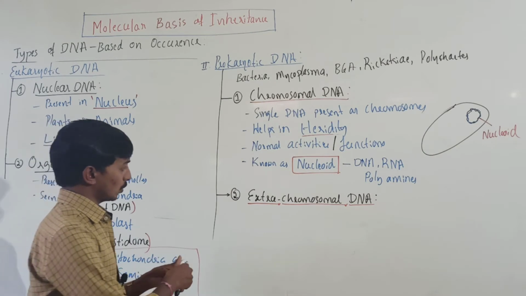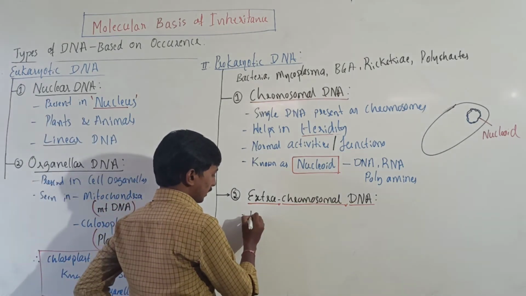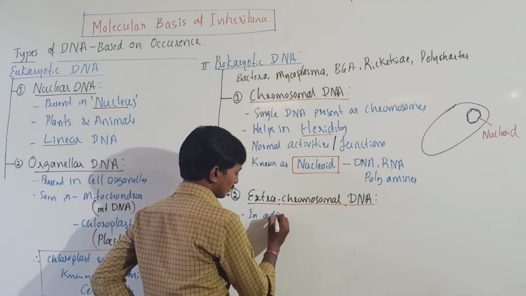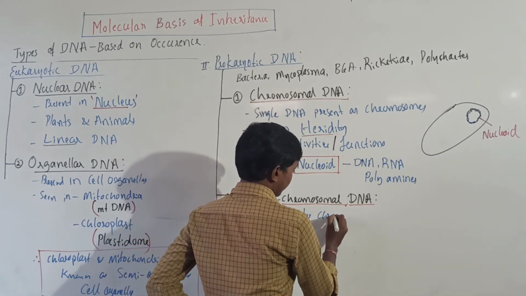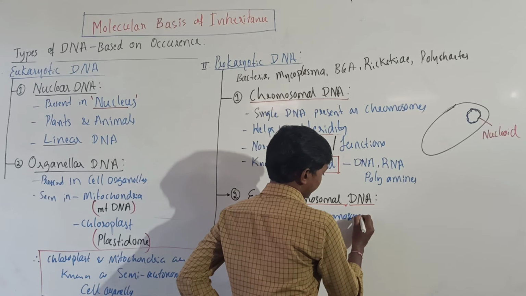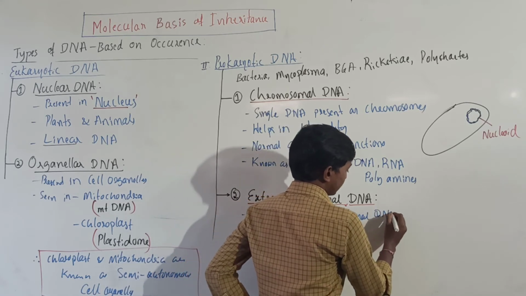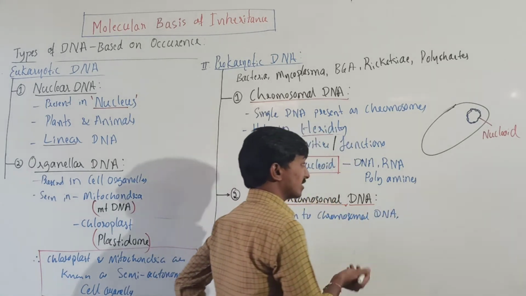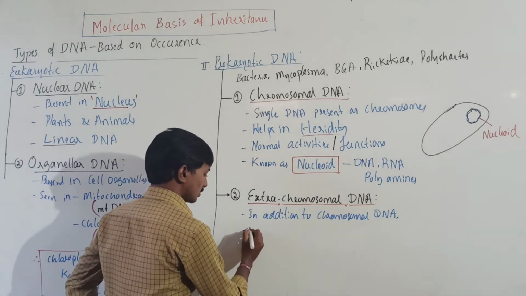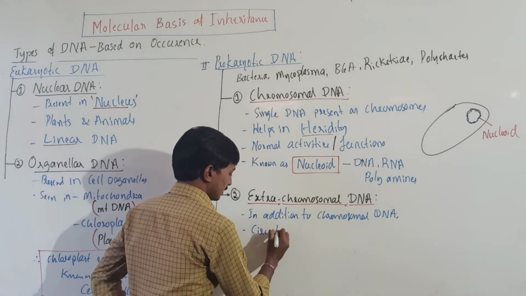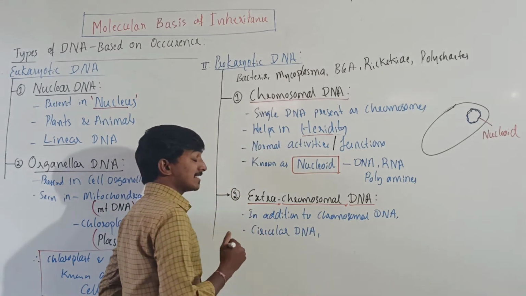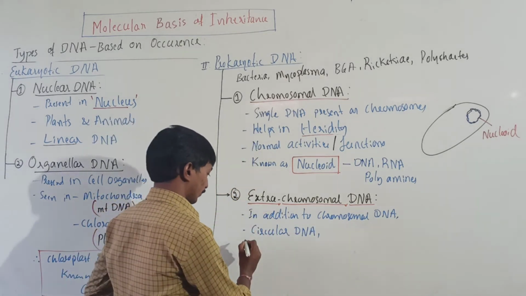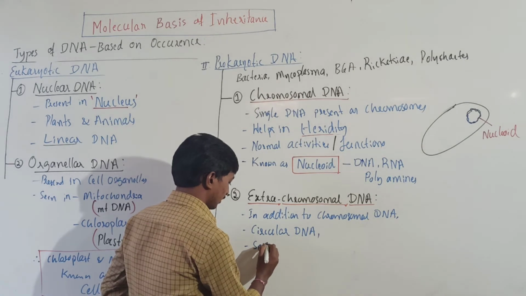In addition to chromosomal DNA, there is an additional DNA. It is circular DNA, and it is also self-replicating.